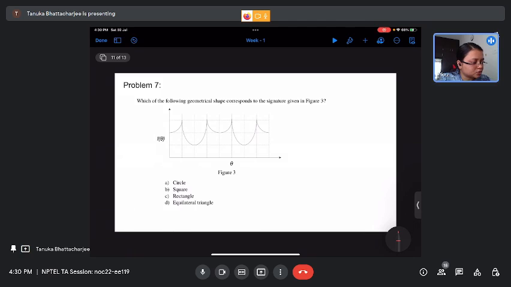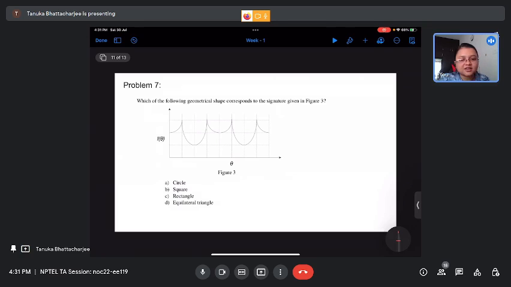We have four options: circle, square, rectangle, and equilateral triangle. Let us try to draw the signature for each of these shapes one by one, and then we can finally decide which shape this belongs to.